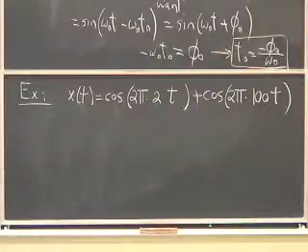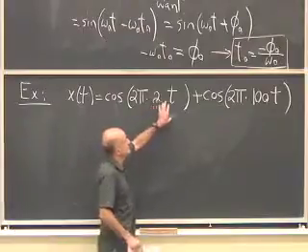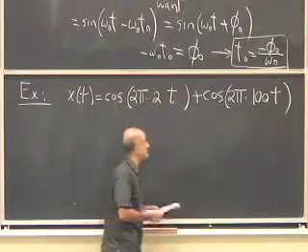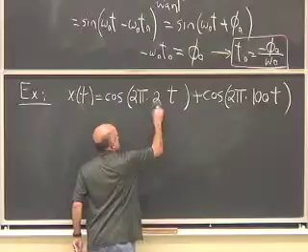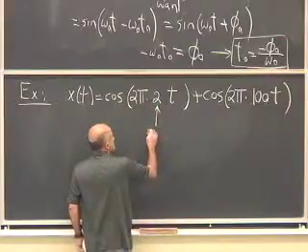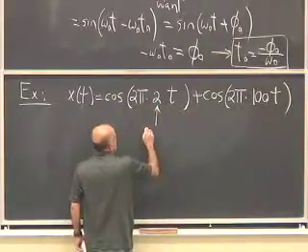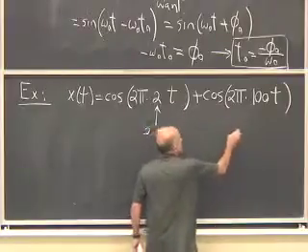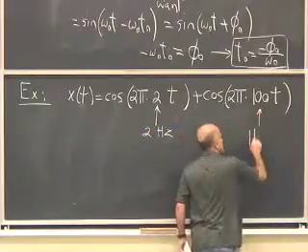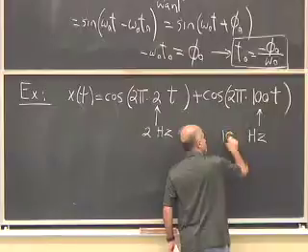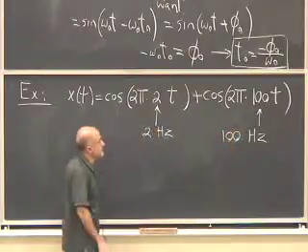Okay? There are two cosines. Notice the frequencies are substantially different from each other. So this is 2 hertz, and this is 100 hertz sinusoid.